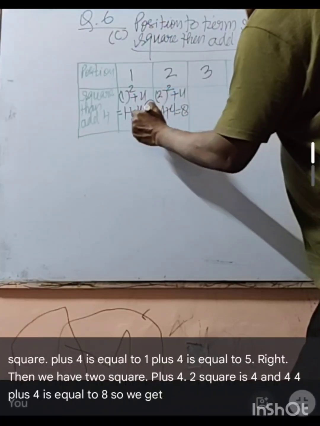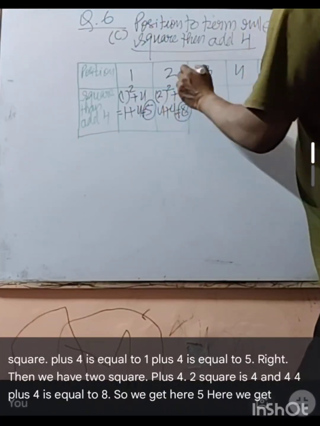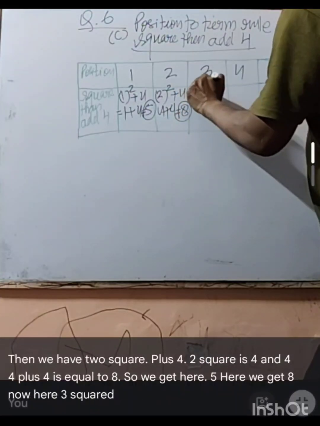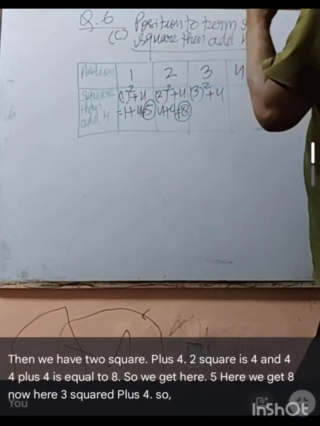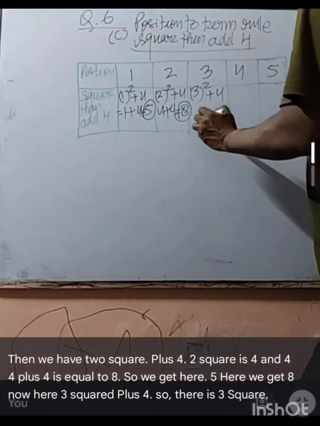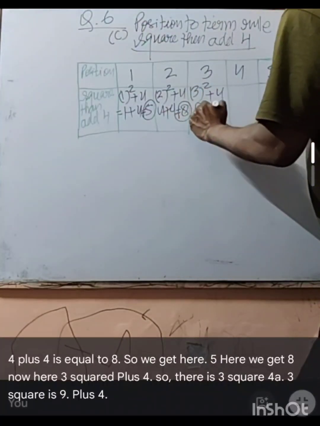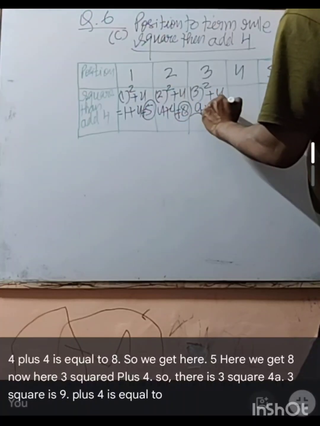Now here 3 square plus 4. 3 square is 9, plus 4 is equal to 13.